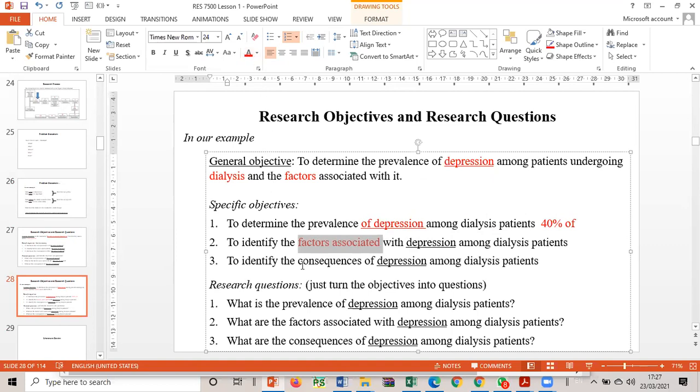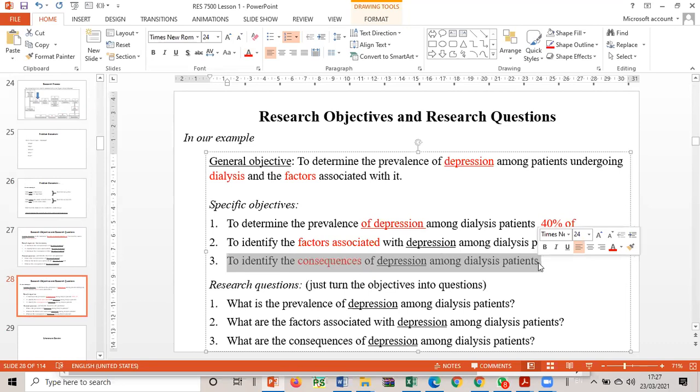Next, what are the consequences of depression? Right? If these people are depressed, what will happen? If nothing will happen, then this study we don't have to do. Because of depression, the consequences can be that they're not following the routine medication.